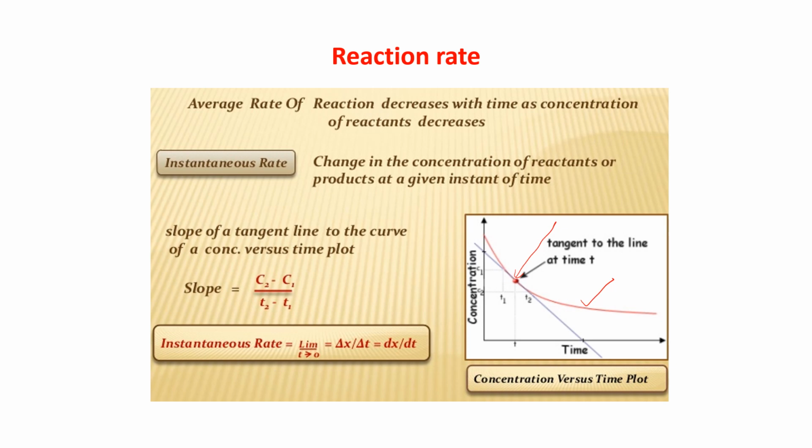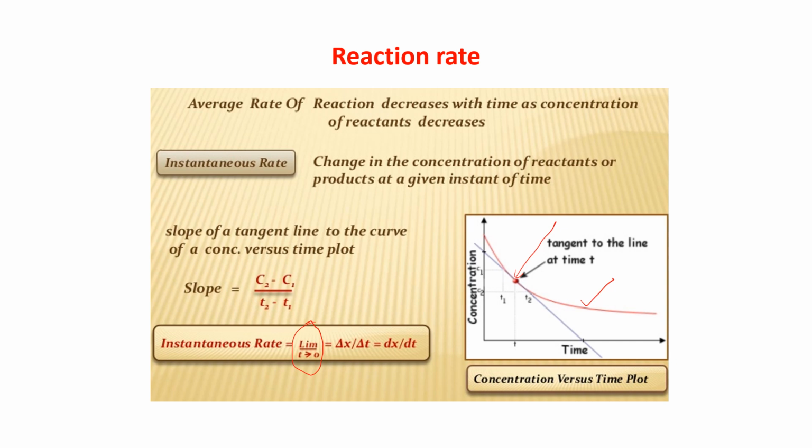But it is for a particular instant of time, so the limit of time tends to 0. We are doing that because we are calculating the instantaneous rate for a particular instant of time, so we are limiting the time to 0.